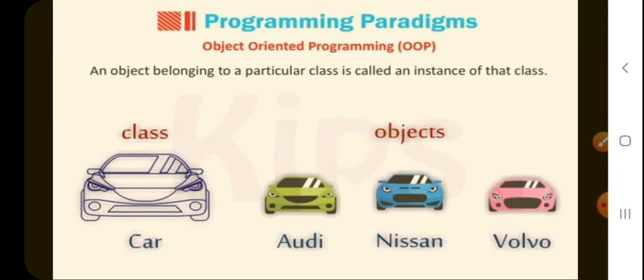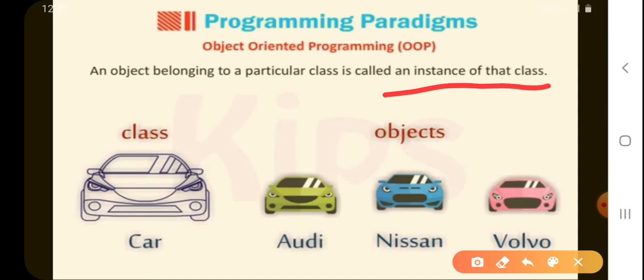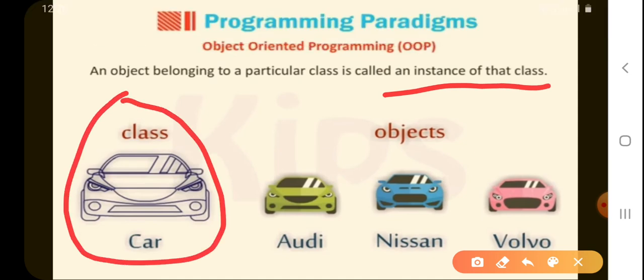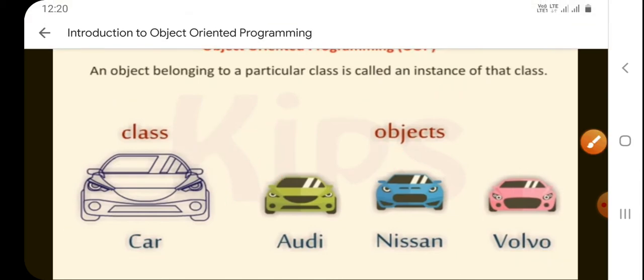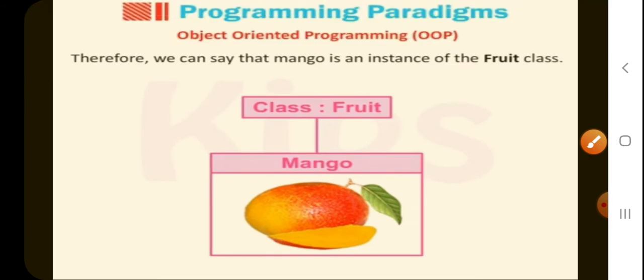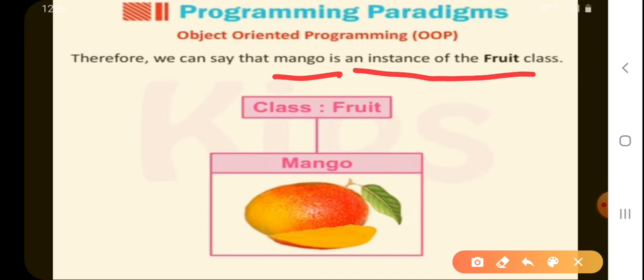Now, an object belonging to a particular class is called an instance of that class. So if we talk about the class car, these three objects can also be called instances of this class car. Therefore, we can say that mango is an instance of the class fruit.